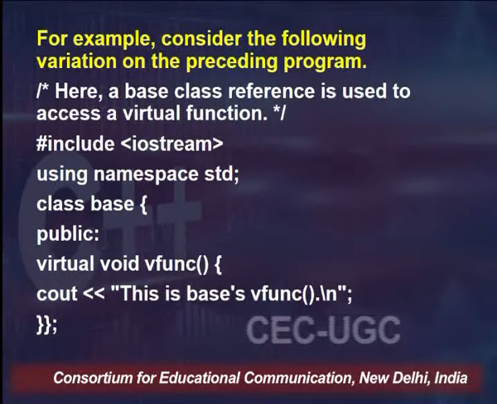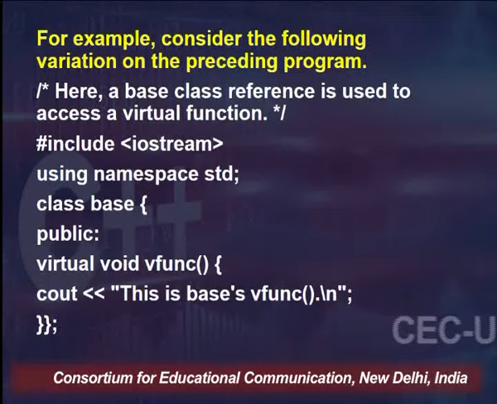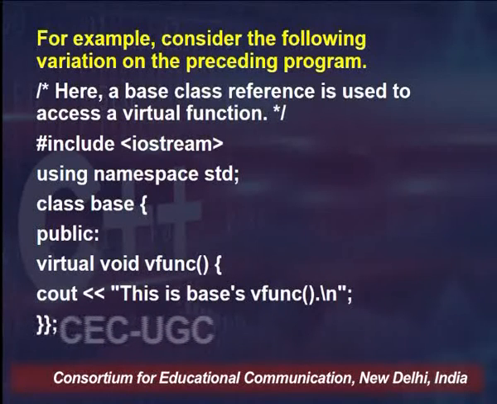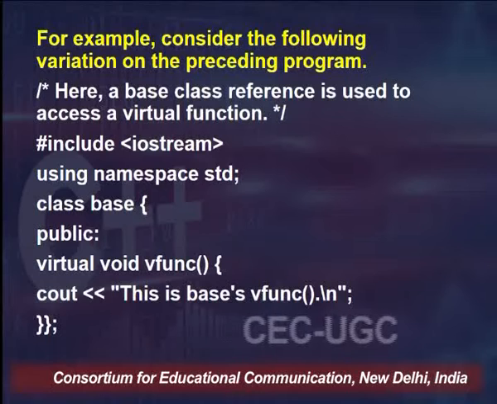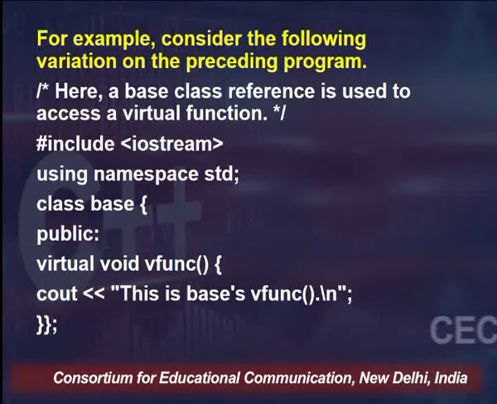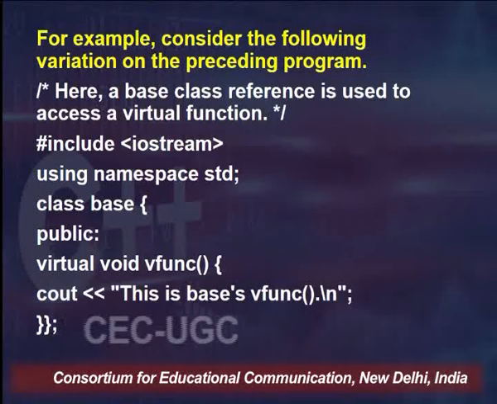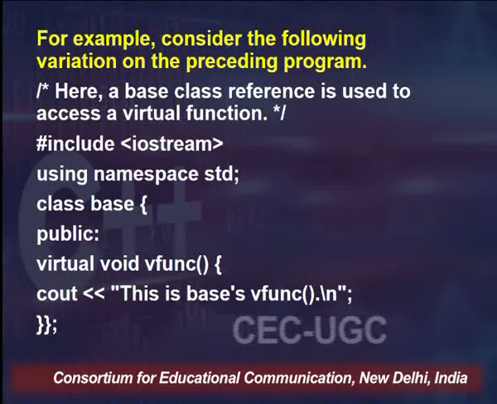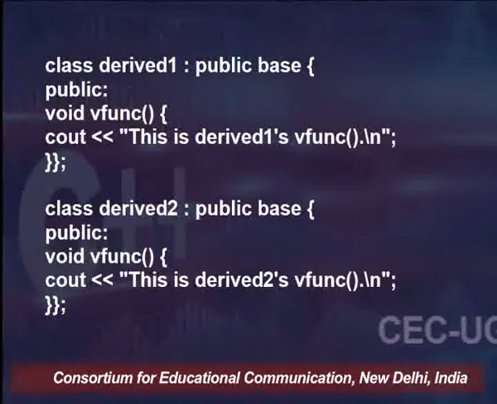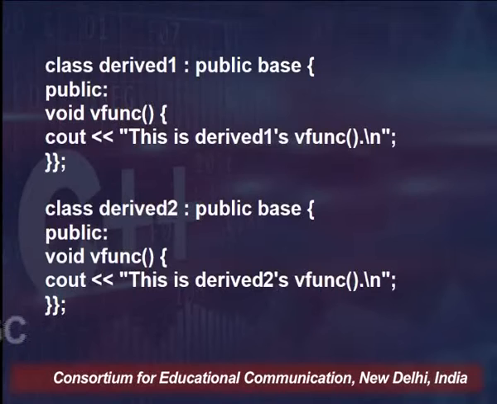Within this program we have created one base class which has one vfunc, declared as virtual, and within that it prints "this is base vfunc". After that we declare two classes, derived 1 and derived 2.